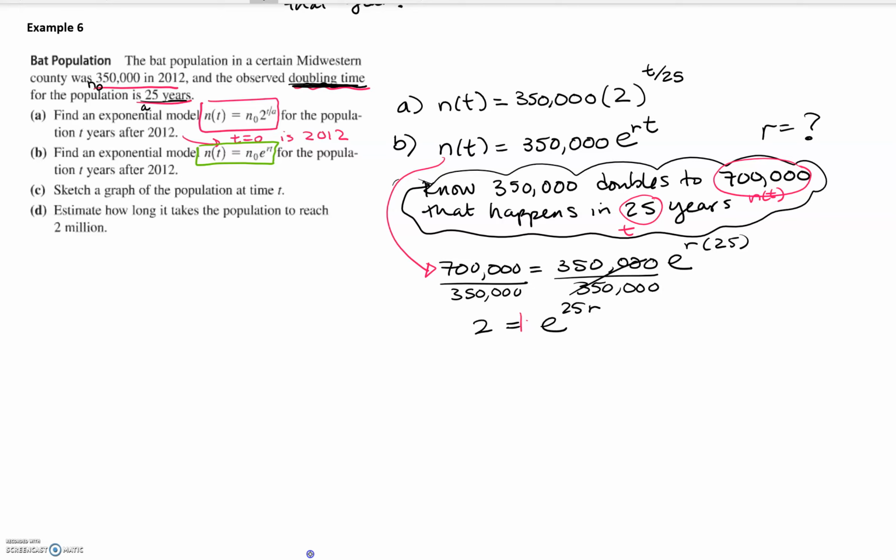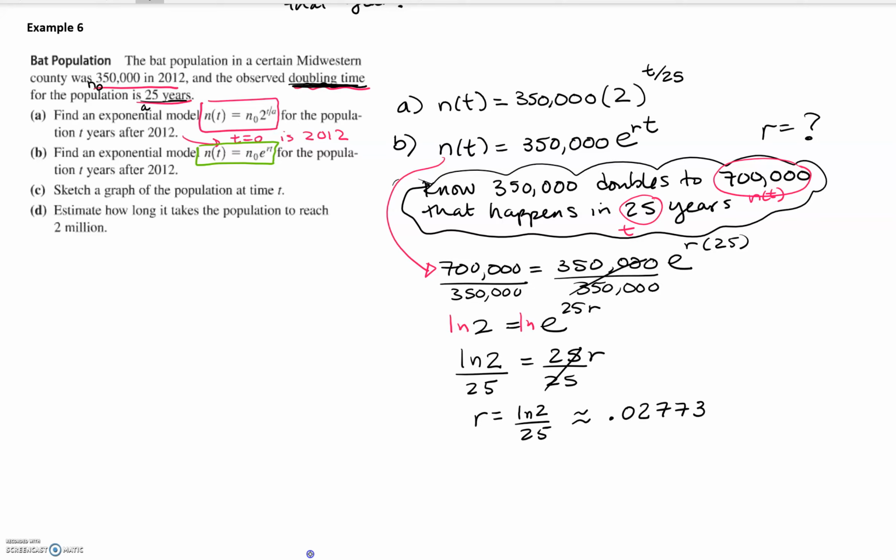I can go ahead and take ln of both sides. That's going to give me ln of 2 equals 25r, and voila, we have the relative growth rate, which they had not given us to begin with. And if I approximate that and punch that in, it's going to be about 0.02773.